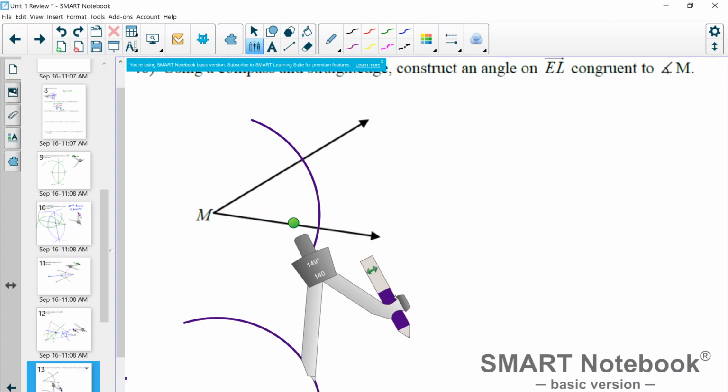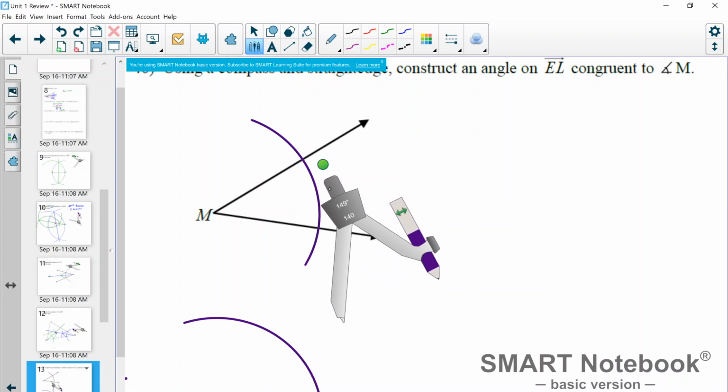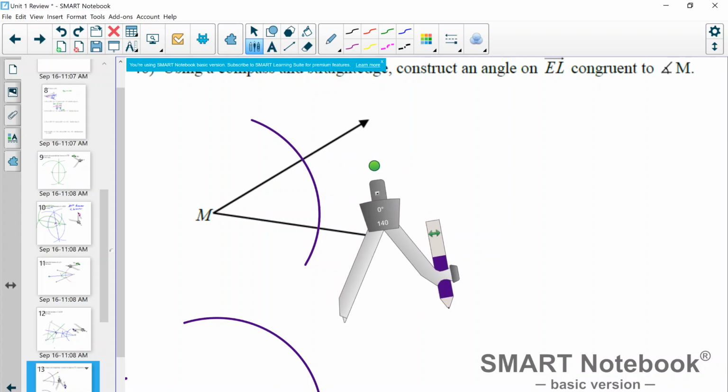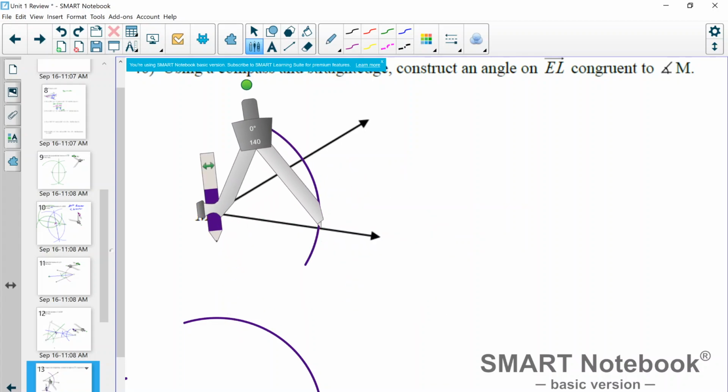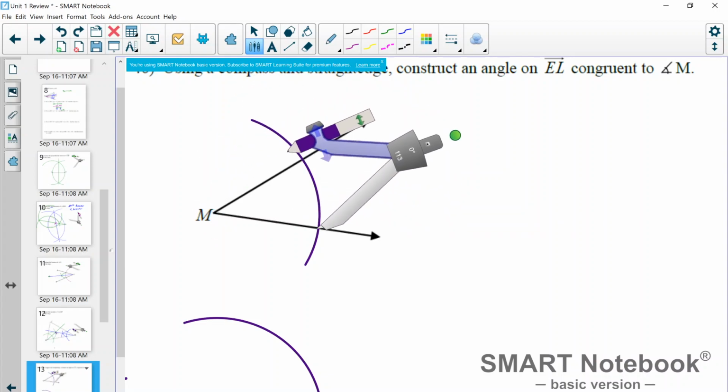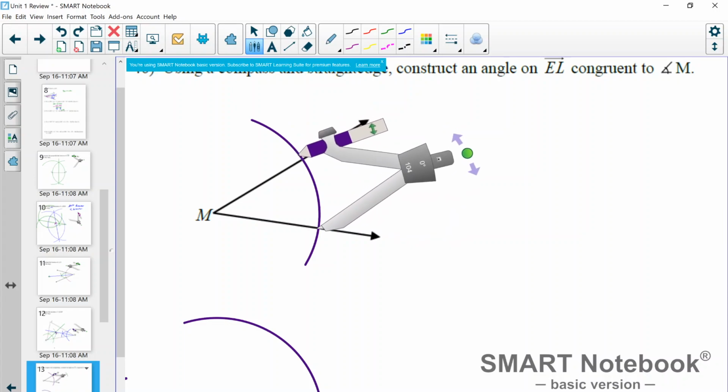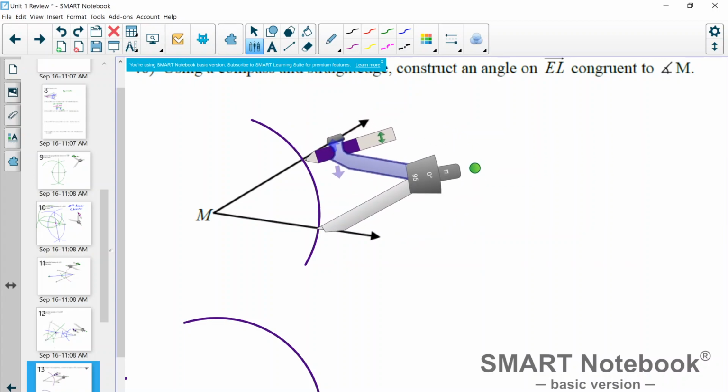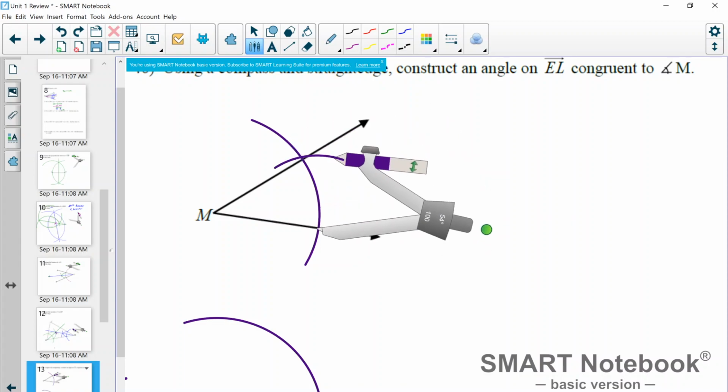Again, we want to measure the distance across. So we are going to put our bullseye on the intersecting point on the bottom side, and we are going to put our pencil on the top side, pencil on our intersecting point, and we're just going to make a little mark through.